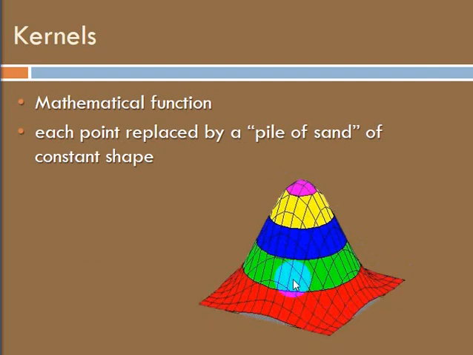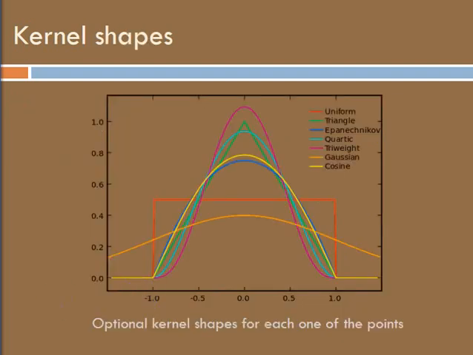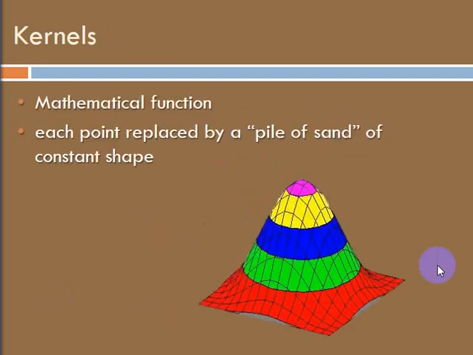So this kernel is defined by two things: the shape of it and the radius of it. The radius or the width, basically, and at what point the probability goes to 0. When the point is a location, before I move on, the pile heights are all going to be the same. But if there's an attribute associated with the location, like number of reactors at a nuclear facility, then the height can reflect that attribute value.